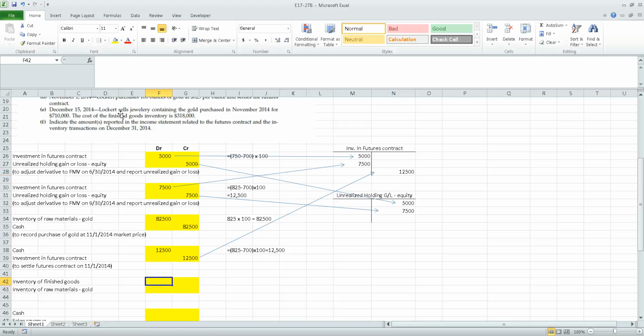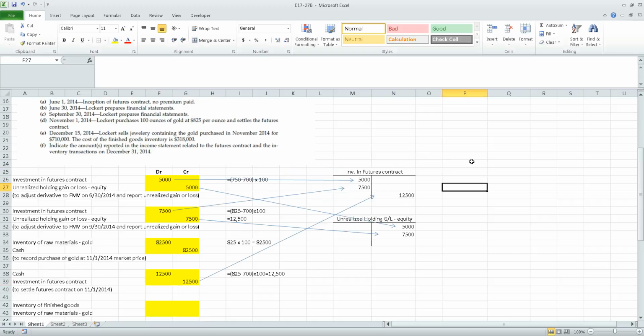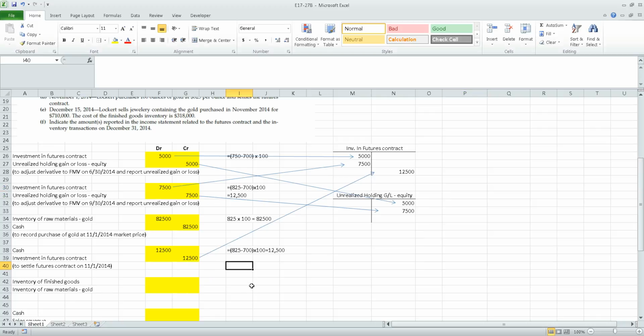Okay, sometime between the date that we bought the gold on November 1st, 2014, and December 15th, 2014, we consumed all of that gold in the manufacturing of our jewelry.